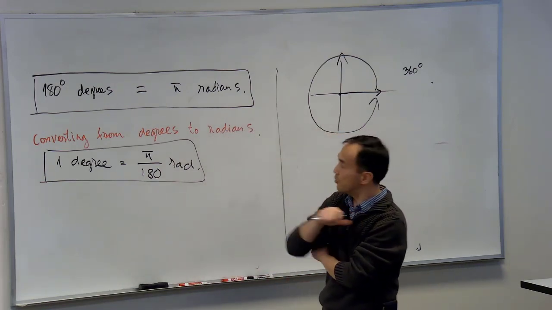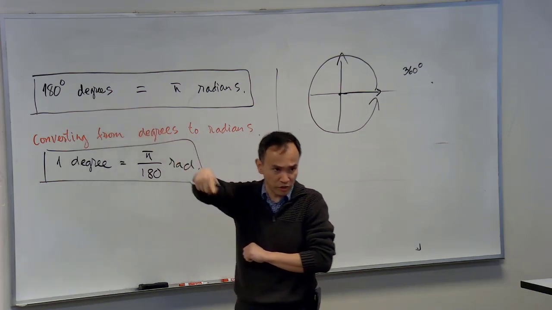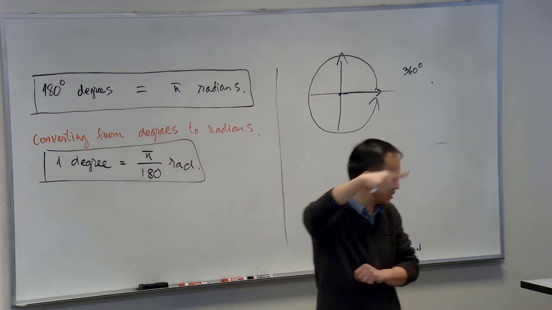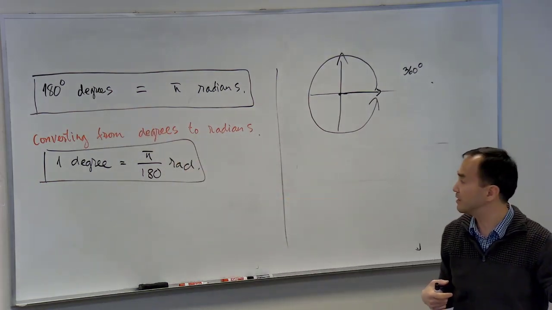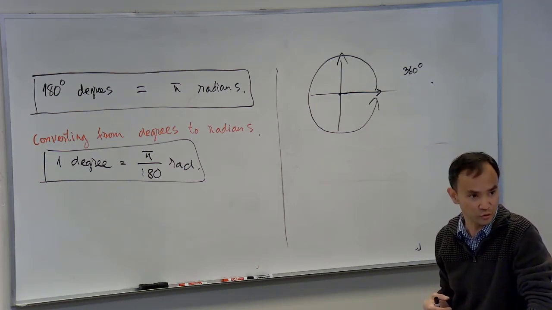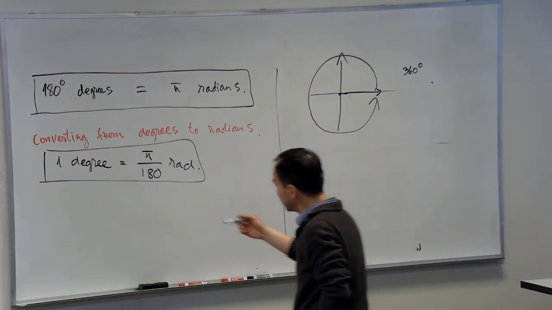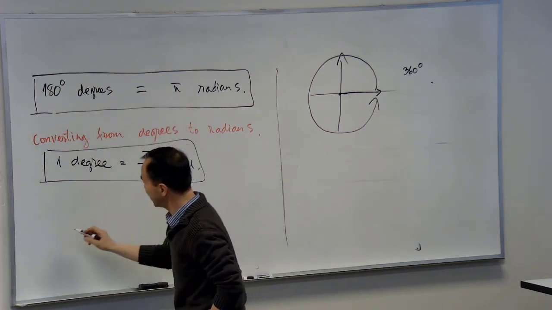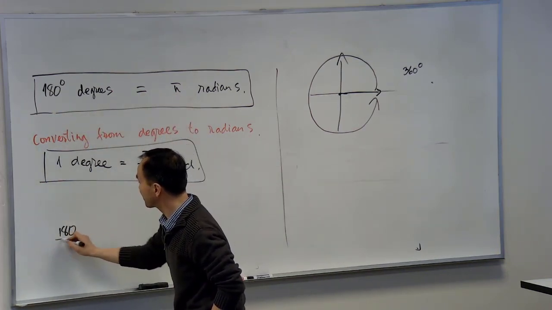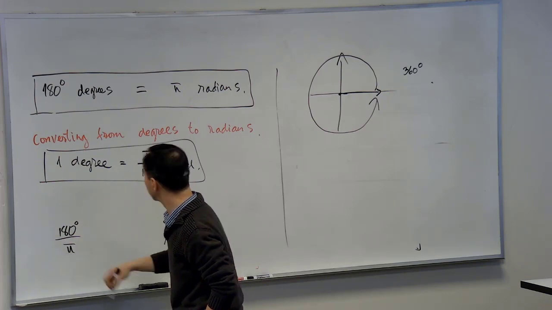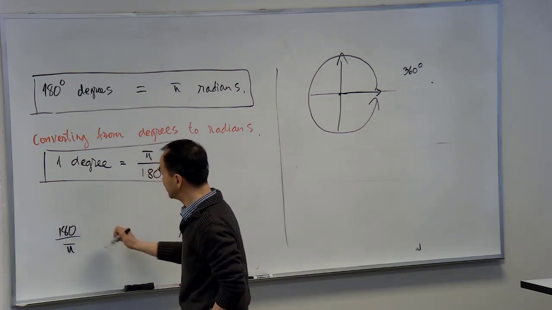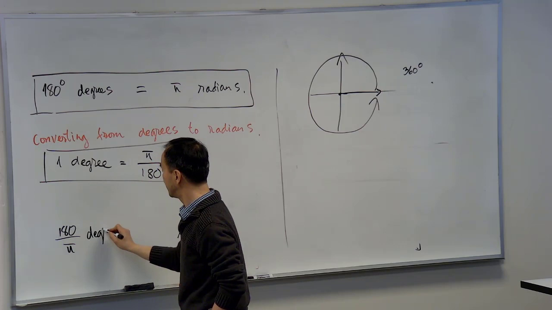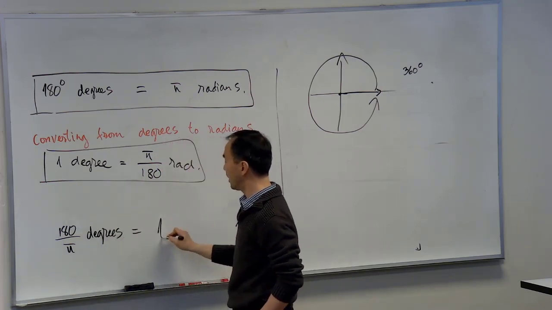And then in that same way, from that same fundamental, 180 degrees is the same as pi in radians, as 3.14 radians. Then you can divide both sides by pi, and you're looking at 180 over pi degrees will equal 1 radian.